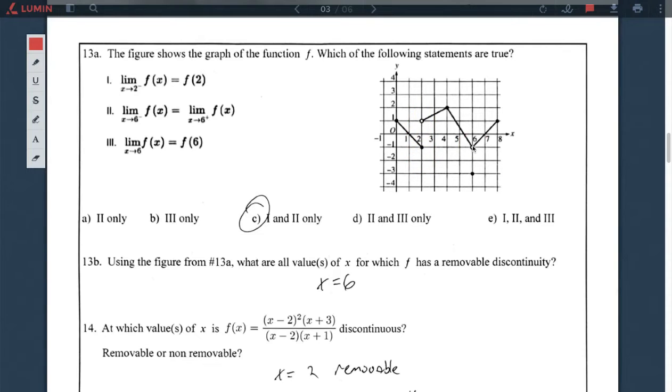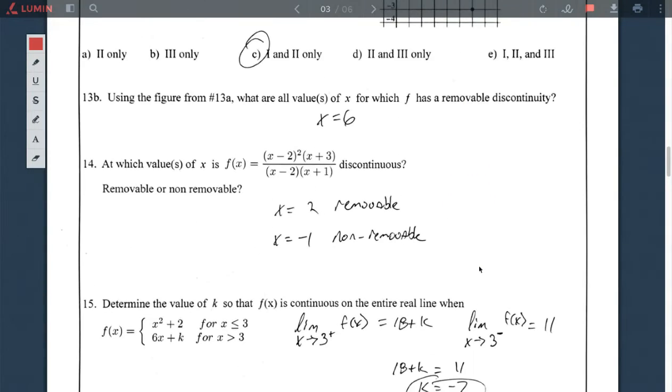But this hole right here, I can move this y value up to here and plug that. So since I can plug it, that means I have a removable discontinuity. So that's why my answer is x equals 6. This one, I cannot plug it. I would have to move both pieces, one or both pieces, to get it to match. Here, I can plug it, and then we're good to go. So if you can plug it, that means you're dealing with a removable discontinuity.